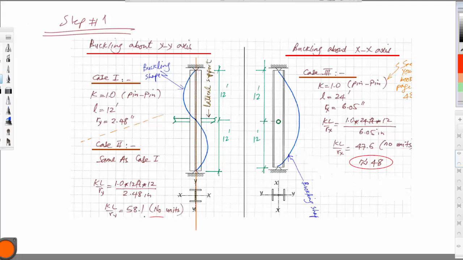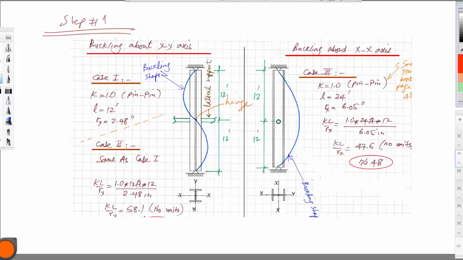An important note is that the point where the lateral support hits the column is always considered to be hinge.